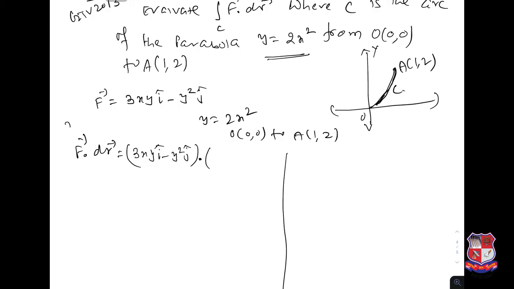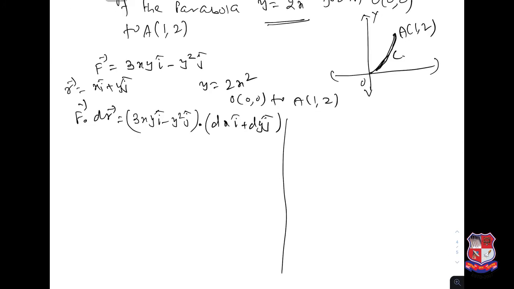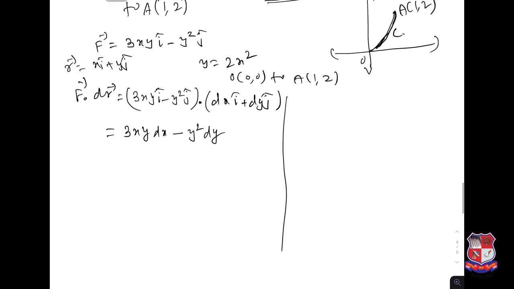So, you can have r is xi plus yj, and we can write dr as dx i plus dy j also. So, f dot dr we can write as 3xy dx minus y square dy.